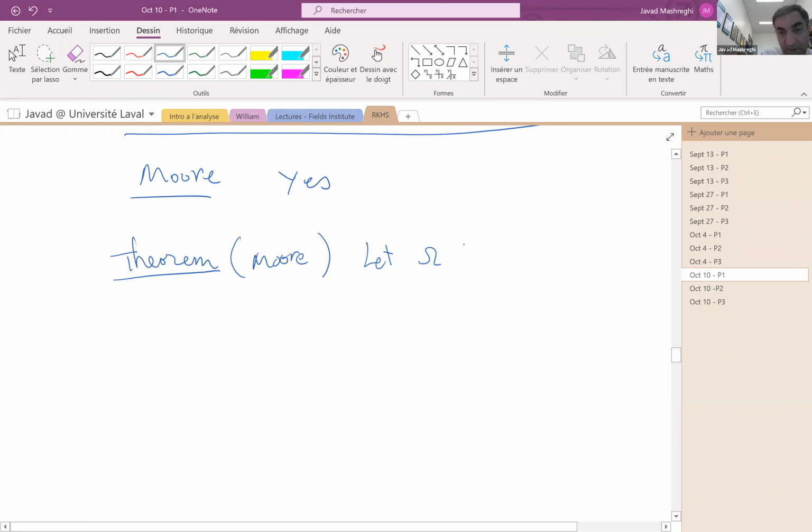Let omega be a set, and let K from omega to C be a kernel function.